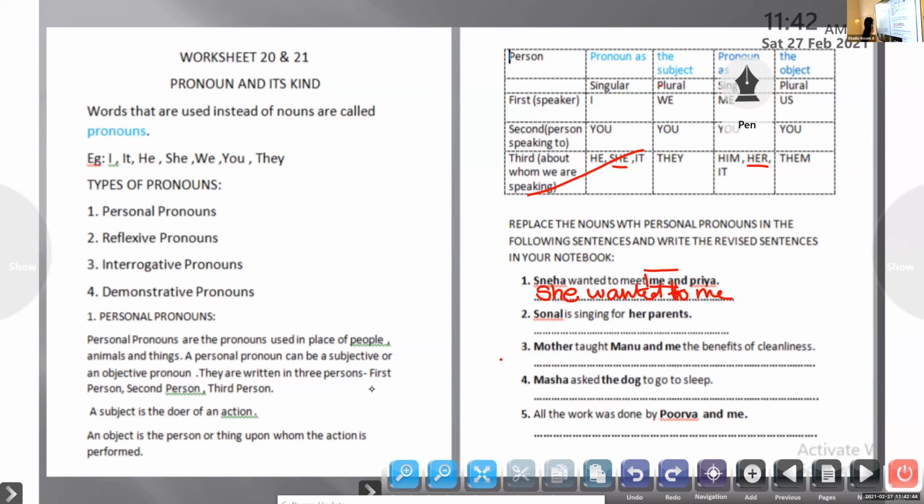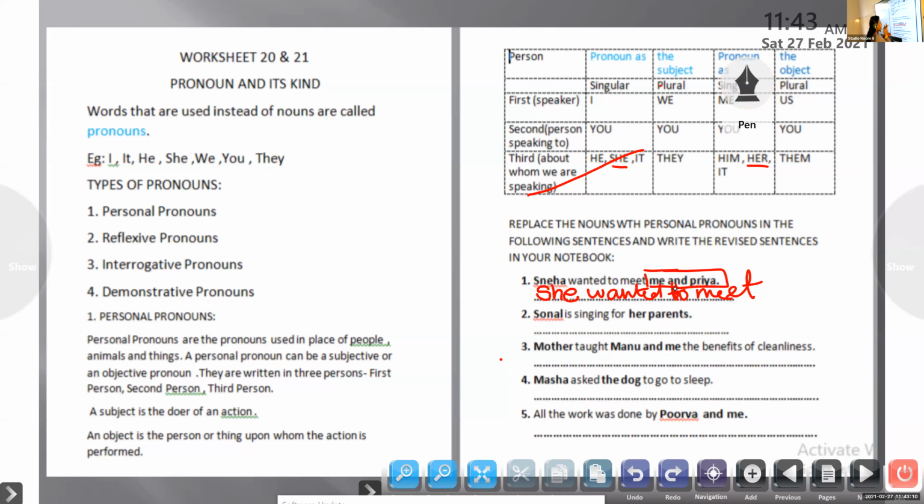Who's going to say, tell me the answer? Who knows the answer here? Ronit, come on. Yes, she wanted to meet me and Priya. So what do you use there? Me and Priya are the objects here. So me and Priya have to be replaced by an object pronoun. So what do we use here? Here, me and Priya.